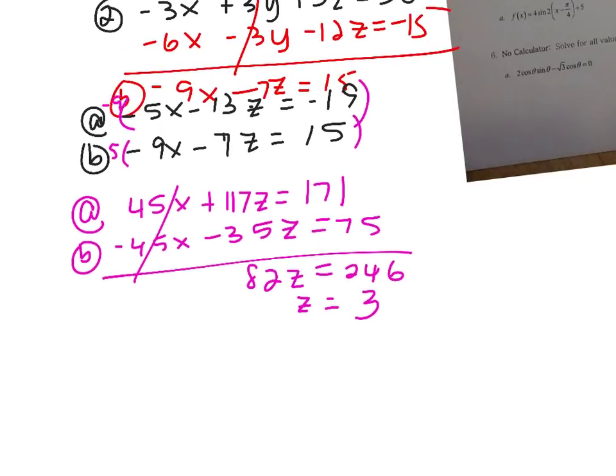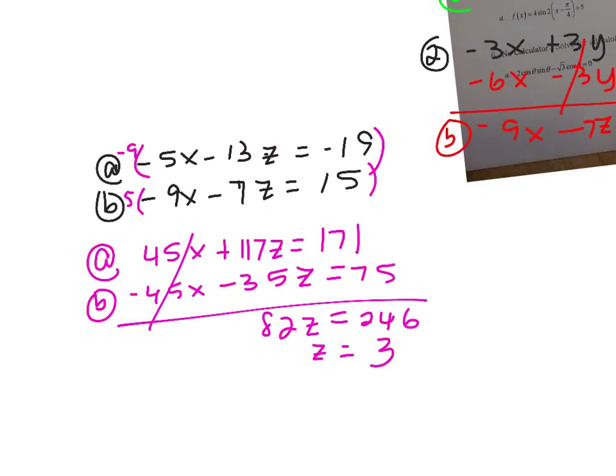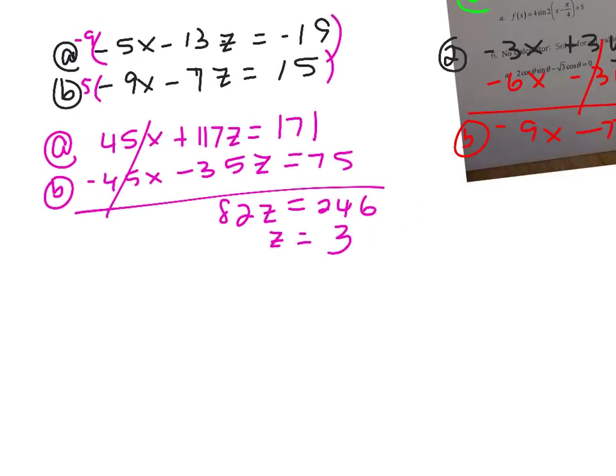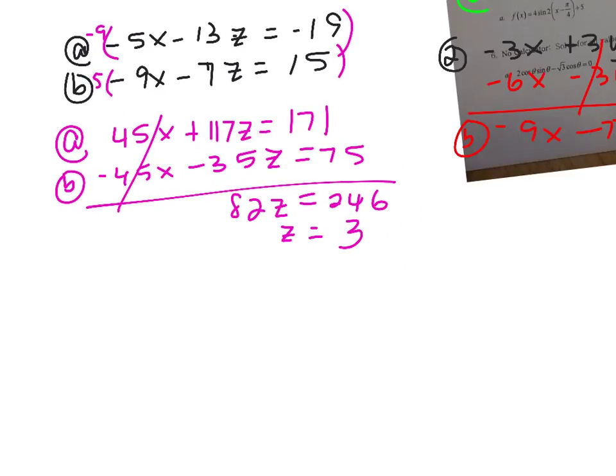All right, so now I'm going to take z equals 3, and I need to find x. So I'm going to plug it into A or B. Actually, I'm going to pick B here, and find x when z is equal to 3.